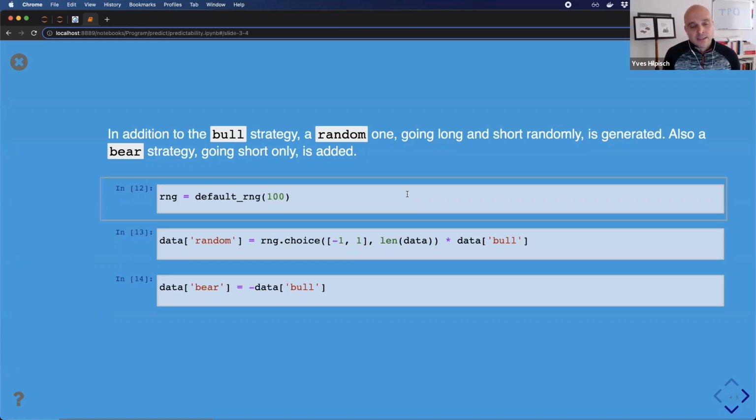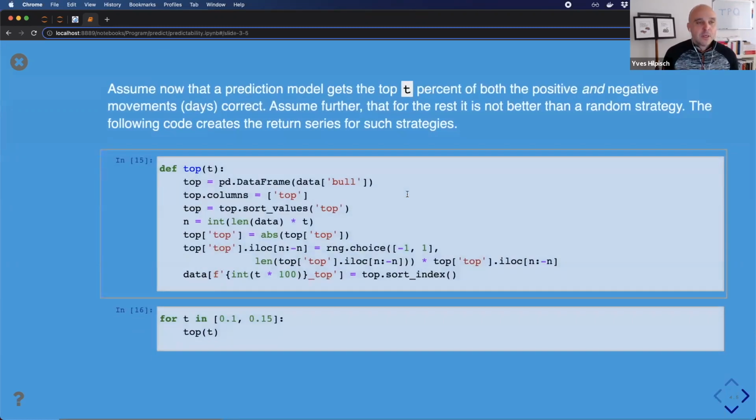And a third simple benchmark is a bearish one, where I simply go short. So we have going long, randomized, and going short as three possible benchmark strategies in this context.